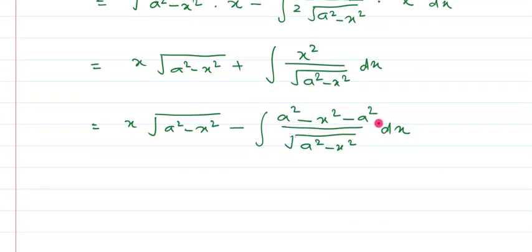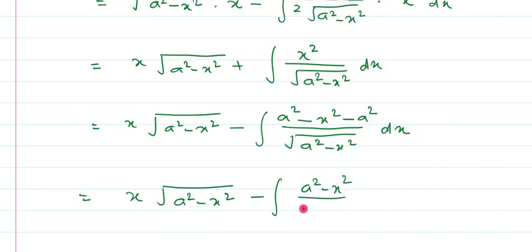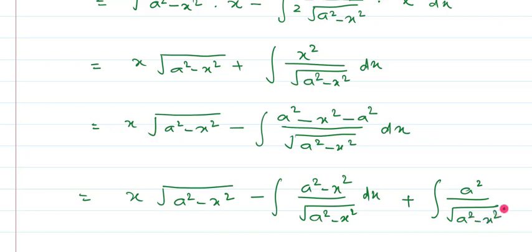Segregating these, we get x into square root of a square minus x square minus, one part is a square minus x square upon square root of a square minus x square dx, plus integration of a square upon square root of a square minus x square dx.